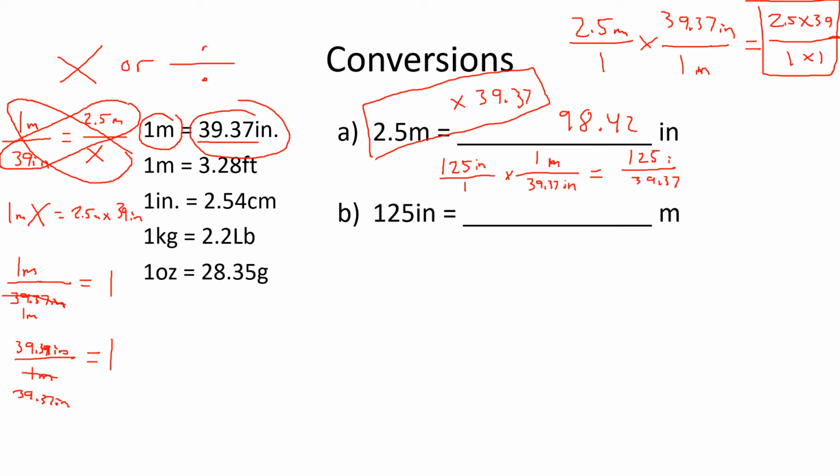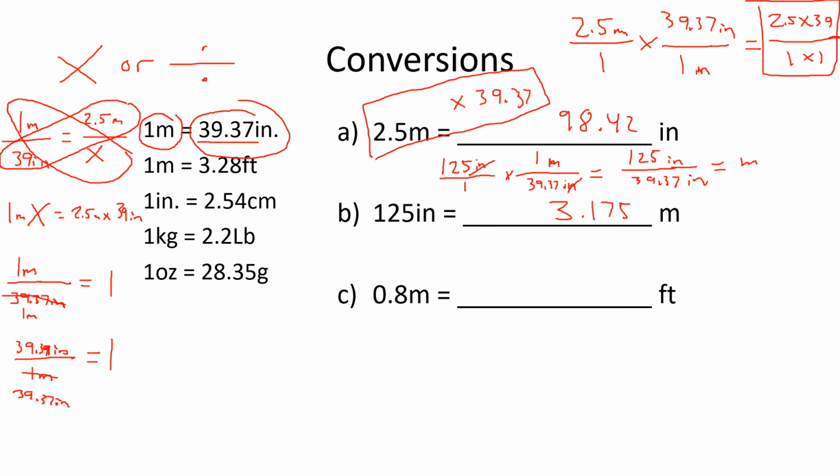And you're done. Inches cancel out and you are left with meters. So what's 125 inches divided by 39.37? Okay, so about 3.1, 3.2. So don't worry about your decimal point and rounding. Here we're just learning the methods and processes.